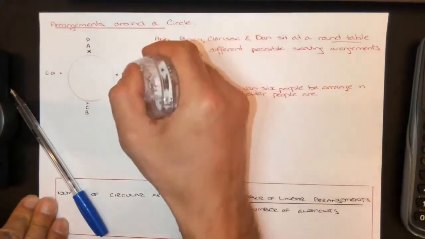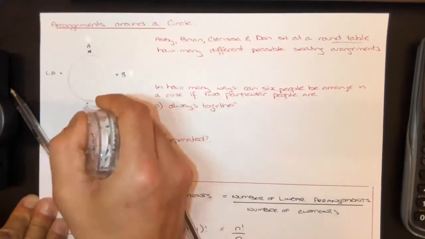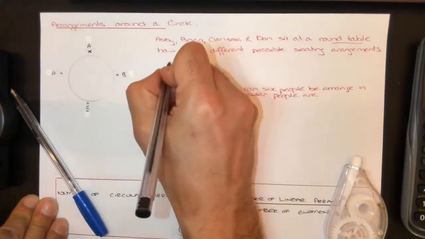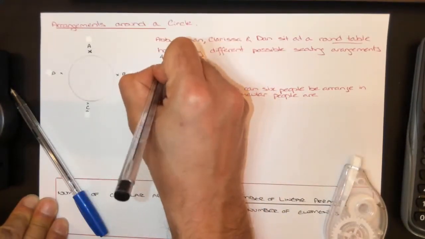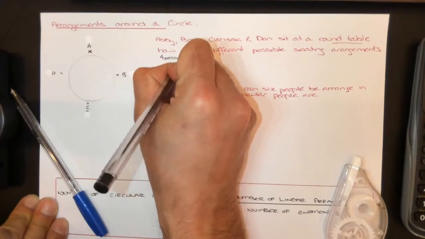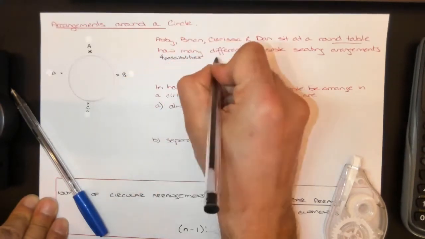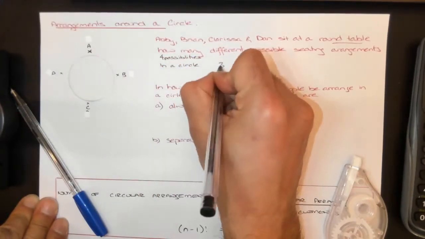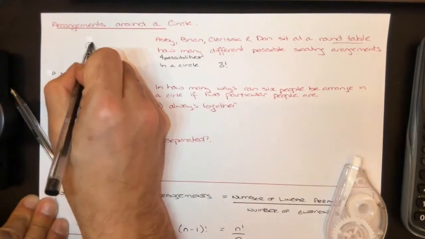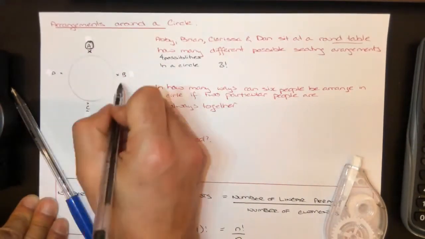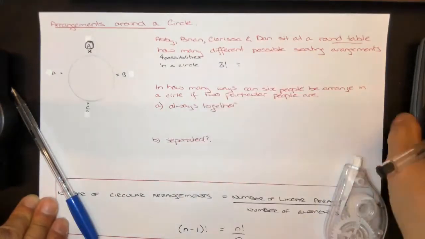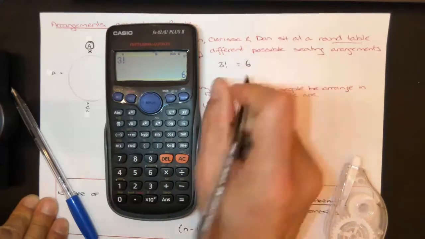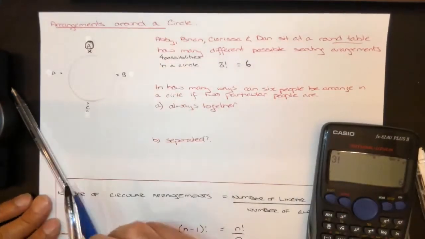So when looking at circles, there's 4 possibilities, but in a circle we actually have 3 factorial. So once we place someone in their position, there are 3 other options. So there are 6 possible seating arrangements when sitting around a circle.